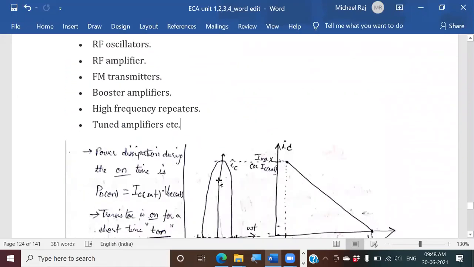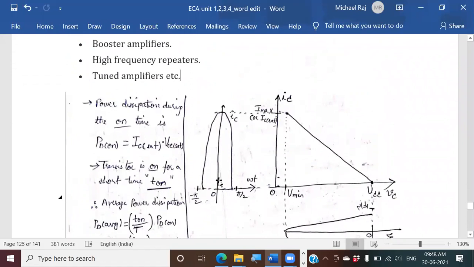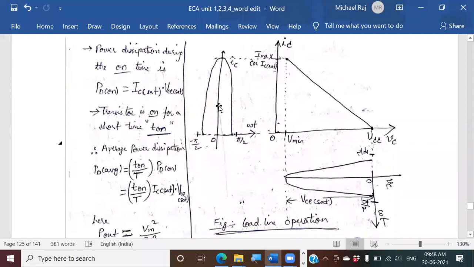Now let us find out what is the power during the on duration, that is, for the less than 180 degrees. Power is nothing but the voltage into the current. What is the current that we have here?